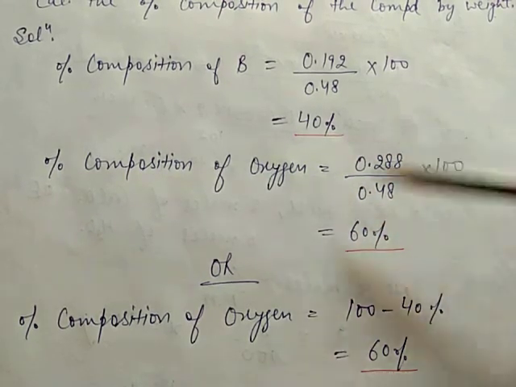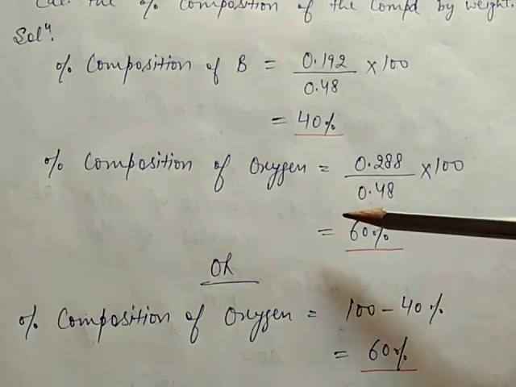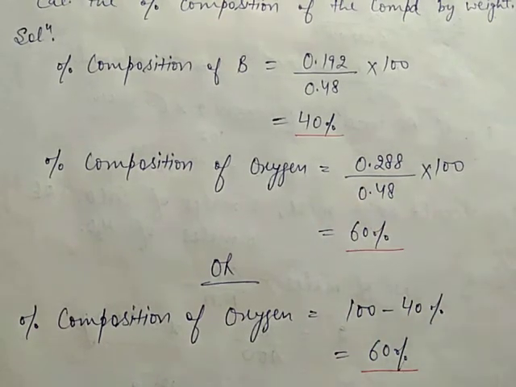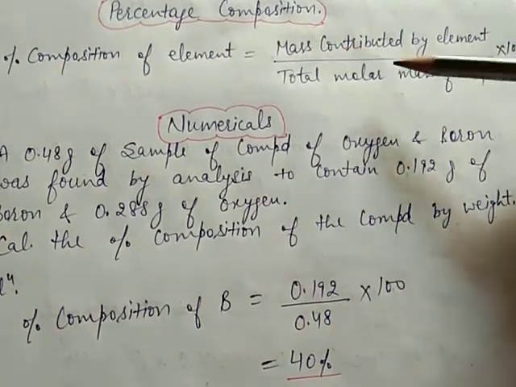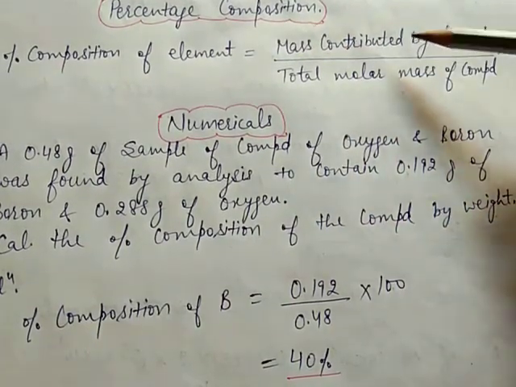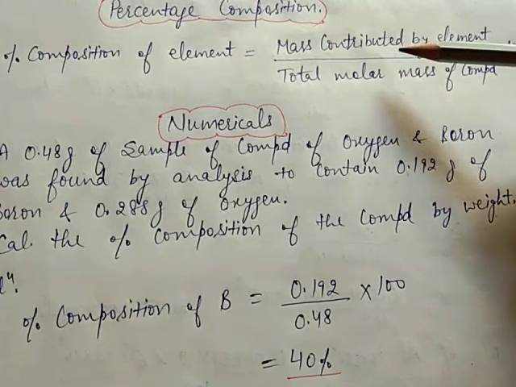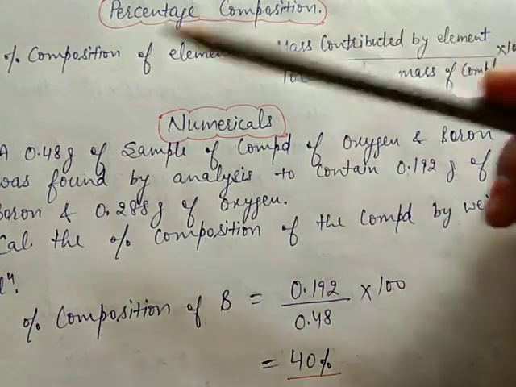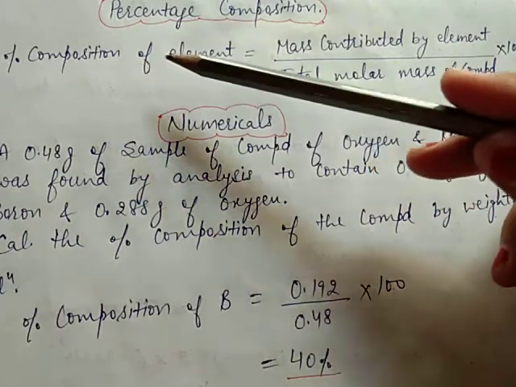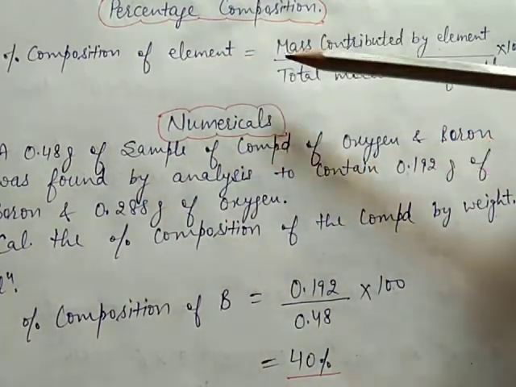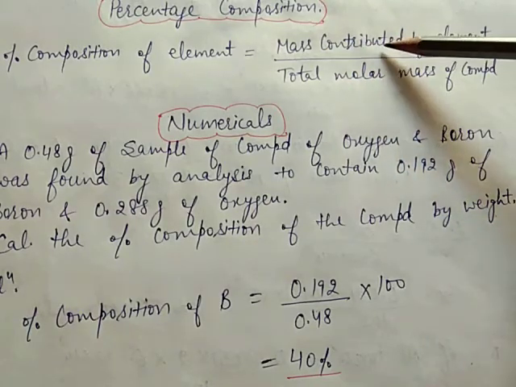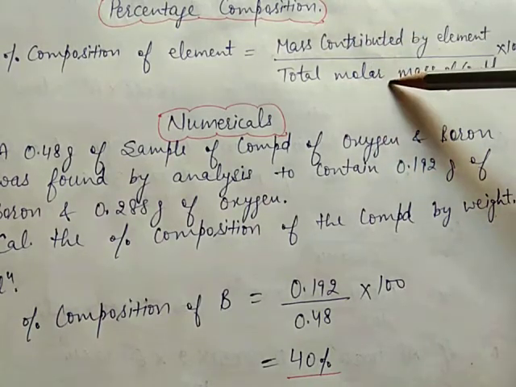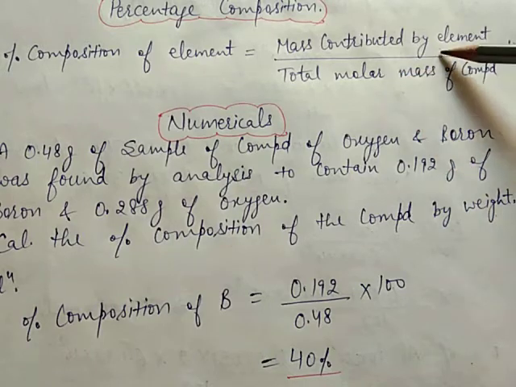So here only two atoms are given, boron and oxygen atom. This is the same formula as we also calculate the marks of our subject. Suppose we have to calculate the percentage of all subjects. Divide marks obtained by total marks, multiply 100.